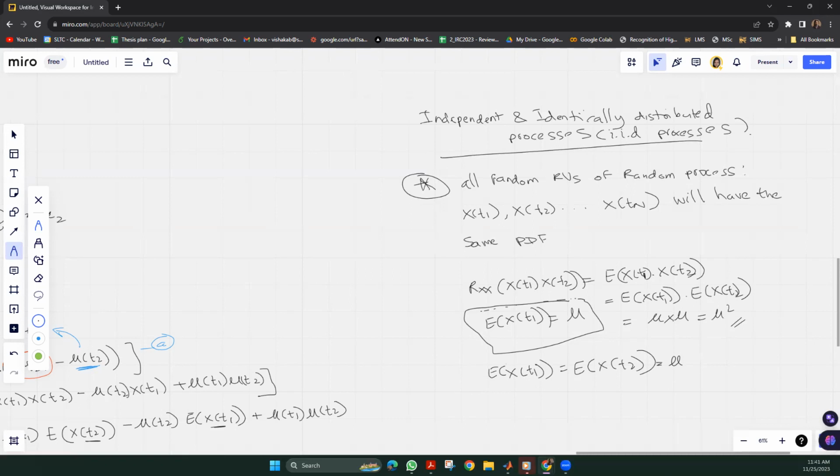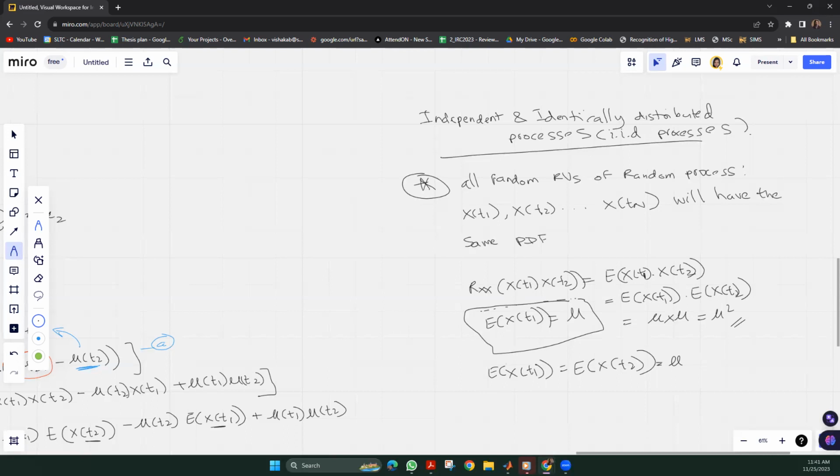So finally, you can find the value of autocorrelation for that specific random process with mean mu.